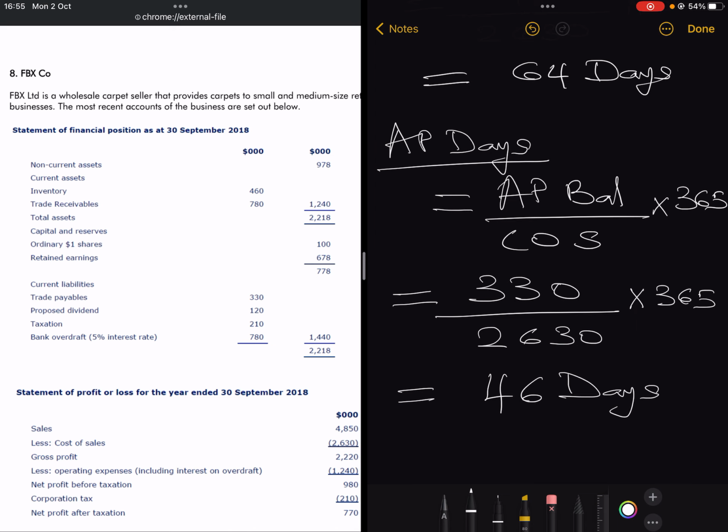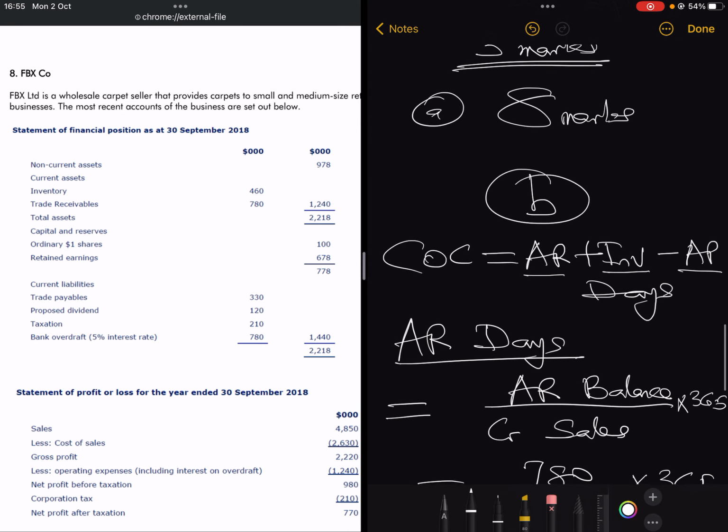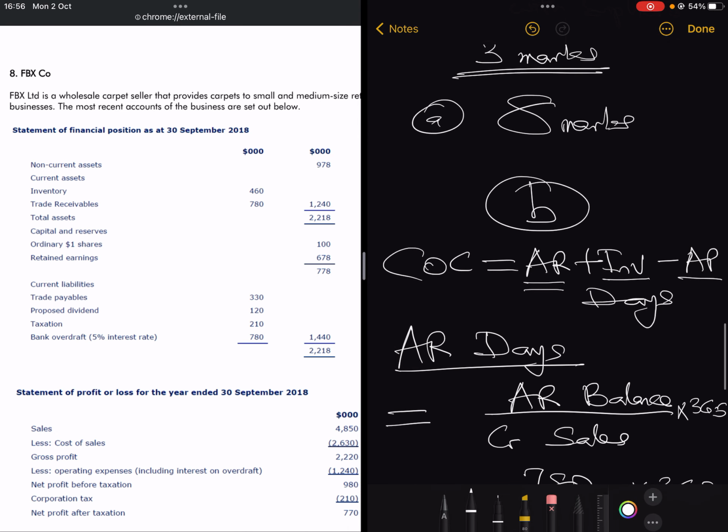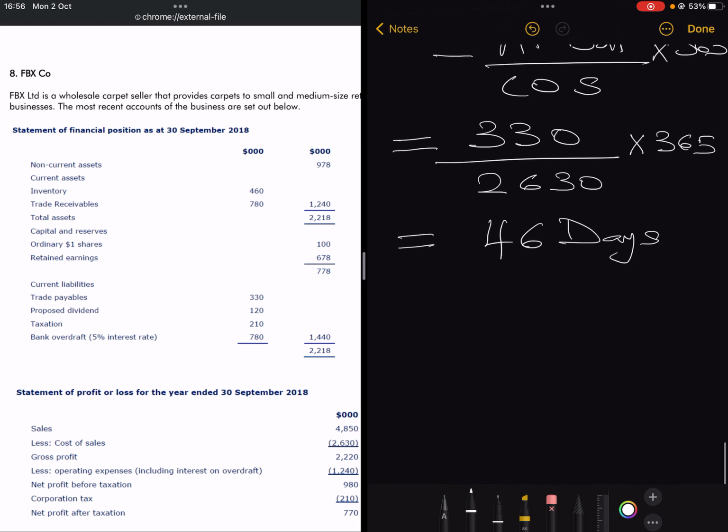So we know all the components of our cash conversion cycle. We know the account receivable days now. We've calculated it. We've calculated inventory days and we've calculated AP days. Now we put that together. Cash operating cycle equals account receivable days plus inventory days minus AP days.